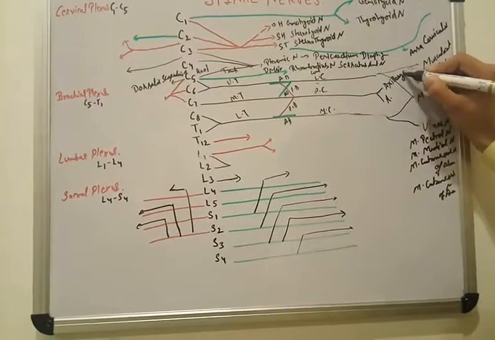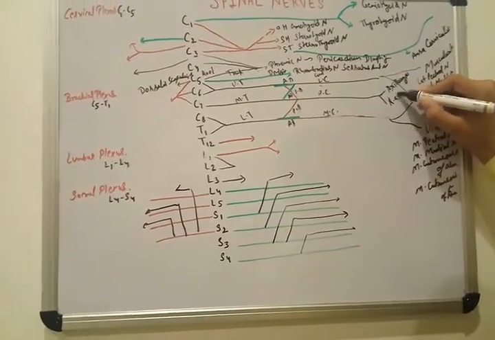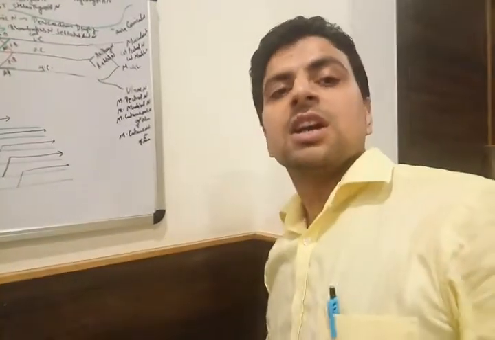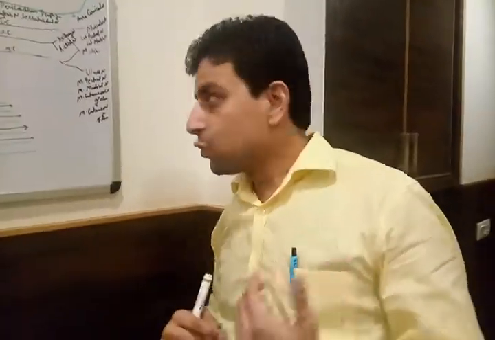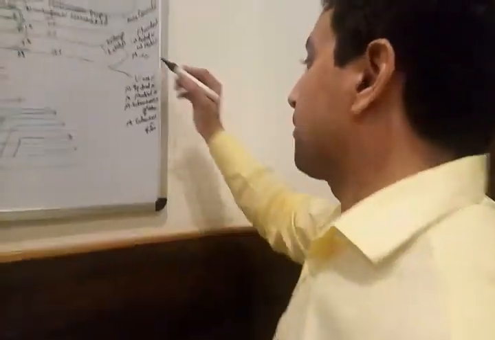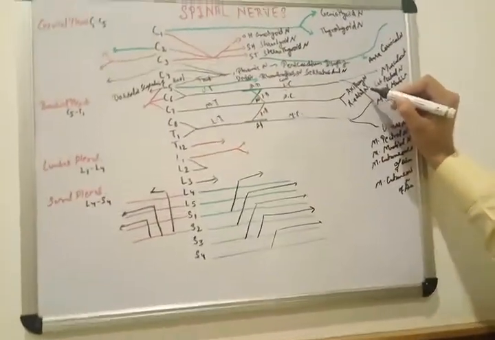R represents the radial nerve. Axillary nerve injury occurs in a surgical neck fracture of the humerus, and radial nerve injury causes wrist drop this way. Have you ever seen a wrist like this? This is wrist drop due to radial nerve injury.